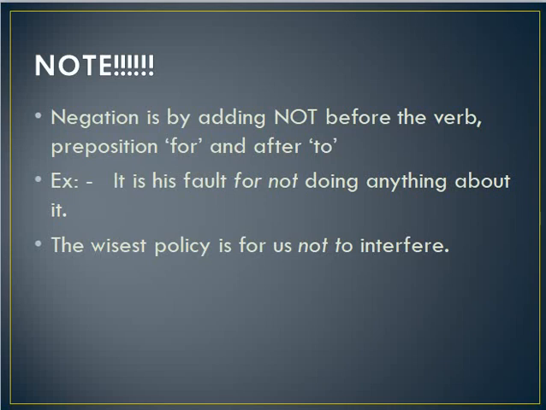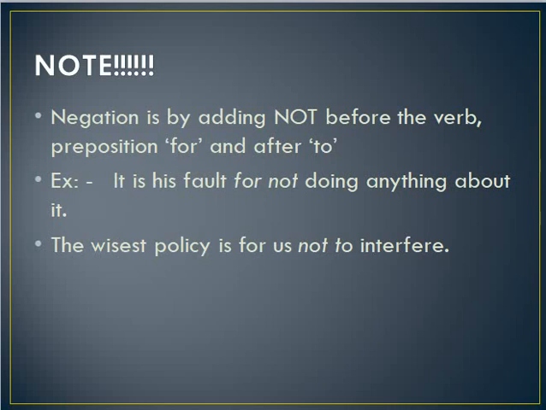or before the preposition for, and after the preposition to, if there is a preposition to. So we add not before the non-finite verb, before the preposition for, and after the preposition to.